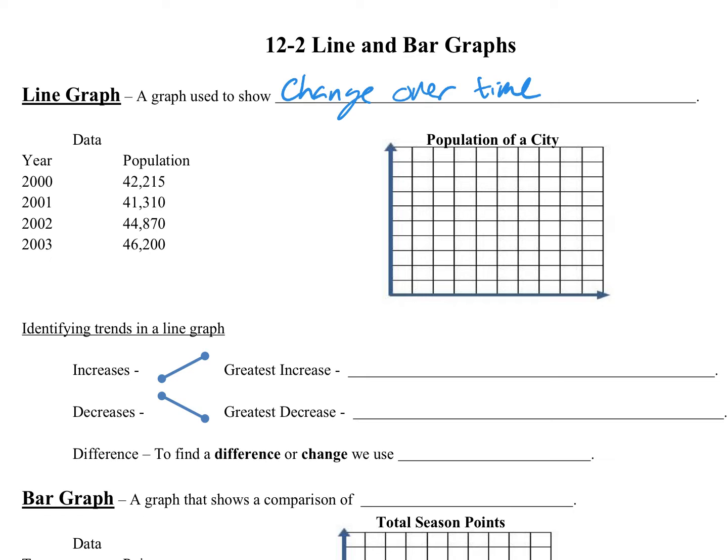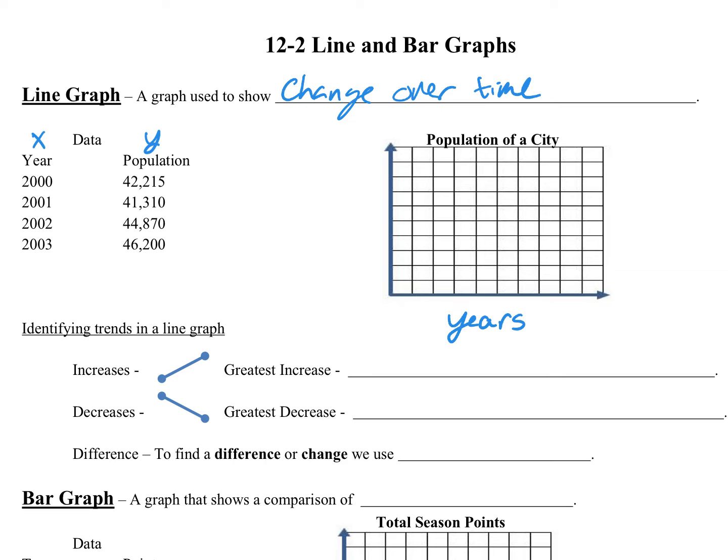So the first part about creating a bar graph is creating the different pieces of the graph that we want. So we need to label our graph appropriately. So our data, we want our independent variable x and our dependent variable y. So our independent variable here is our years, right?